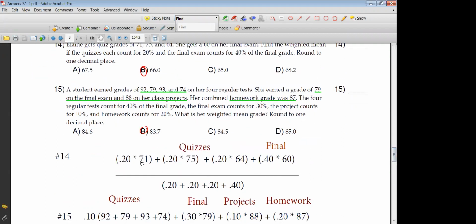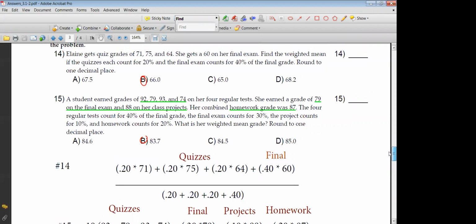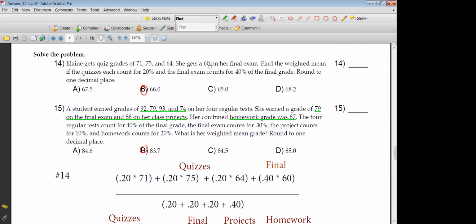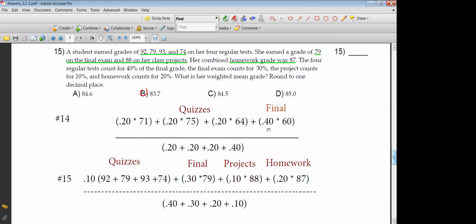So I took her 3 quiz grades. 71 times a weight of 0.20, added with her second quiz, a 75 times 0.20. Her third quiz was a 64 times 0.20. And I'm adding these up with the score on her final exam. She got a 60 on her final exam and the weight was 40%. Well, 40% as a decimal is 0.40 times 60 in my calculator.